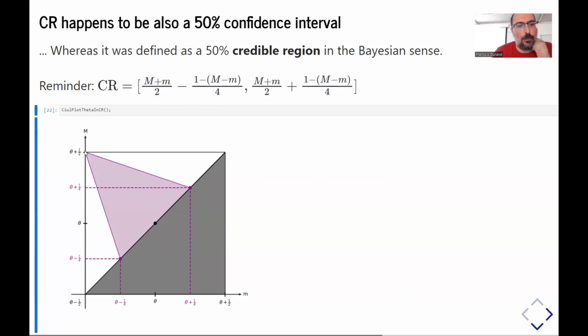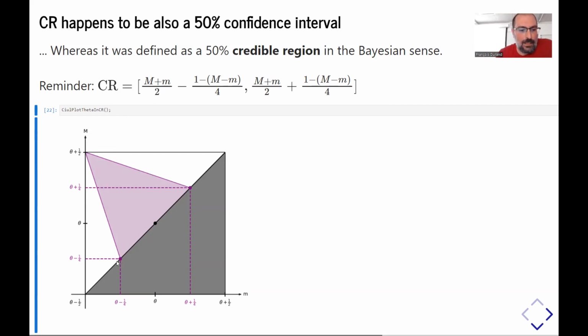That's why you end up with these two lines of slope -1/3 and -3, delimiting the zone of the pairs (m, M) such that the credible region contains the true value of theta.